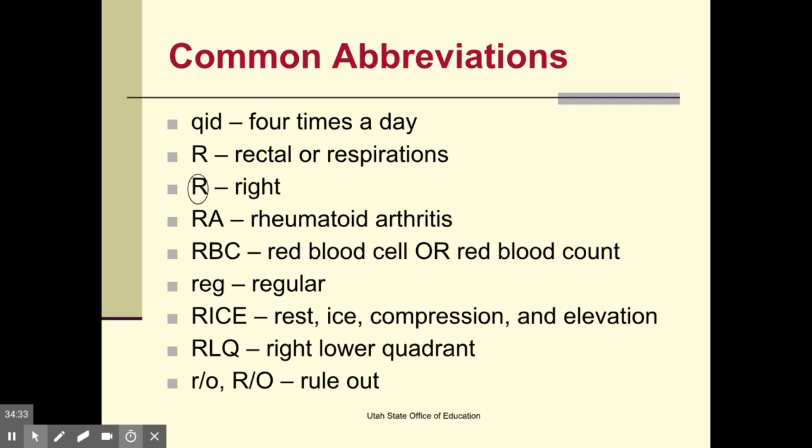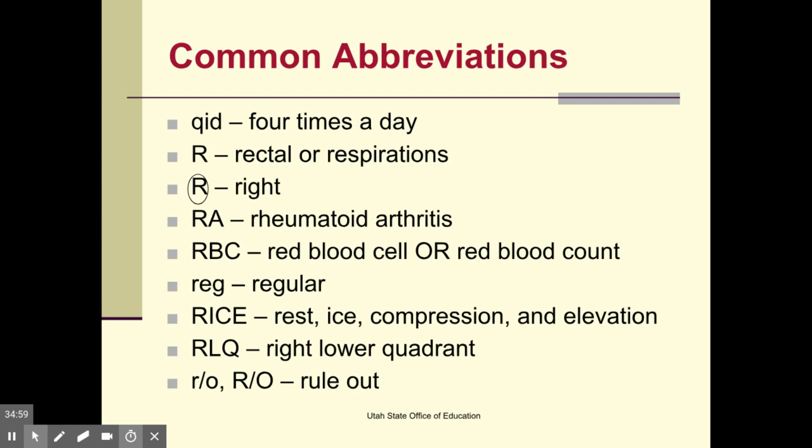RA for rheumatoid arthritis. RBC means red blood cell or red blood cell count, but we really use RBC for red blood cells. REG is regular. RICE is rest, ice, compression, and elevation. RLQ is right lower quadrant. Once again, that R with a circle or L with a circle usually is in conjunction with something else.